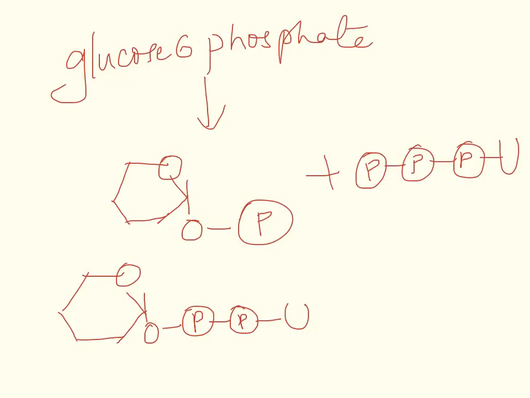When this bond gets broken, I'm showing it with a different color, the glucose unit that is generated, or the glucose that is released, forms a glycosidic bond with the end of a glycogen chain.